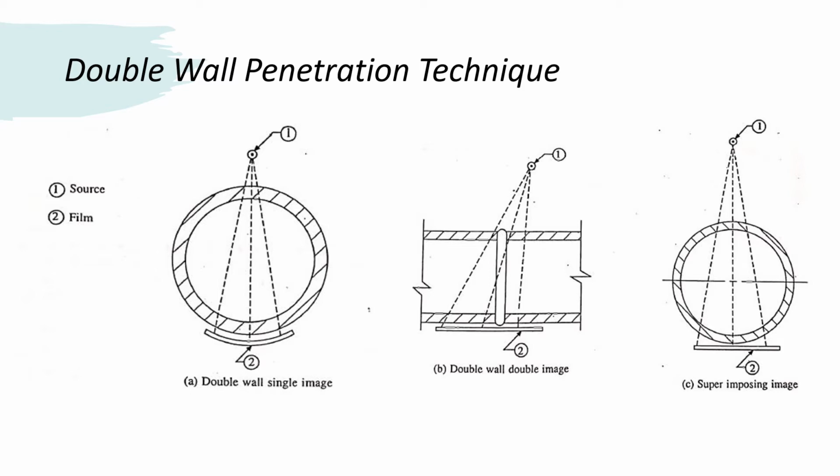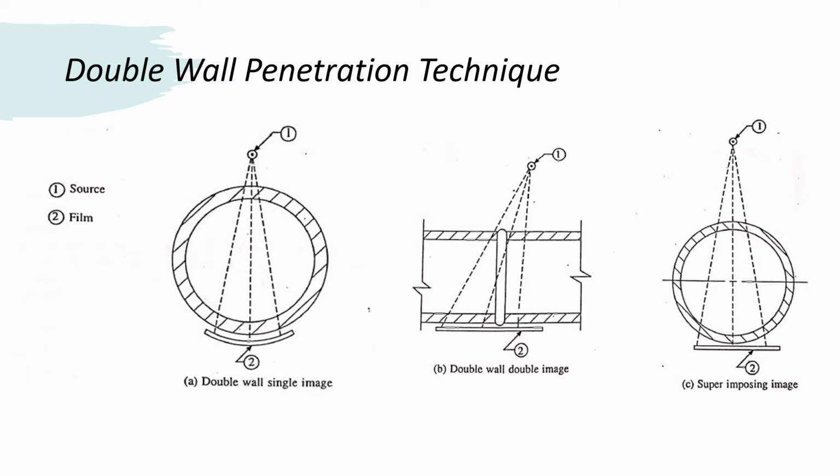The IQI or image quality indicator is positioned on the source side. In this, both the source side and film side welds can be interpreted from the image. This requires a minimum of 2 exposures, perpendicular to each other, to cover the entire circumference of the weld.